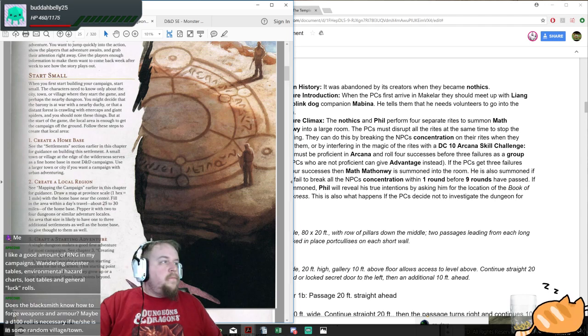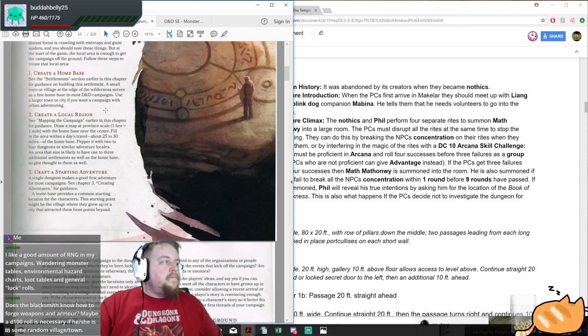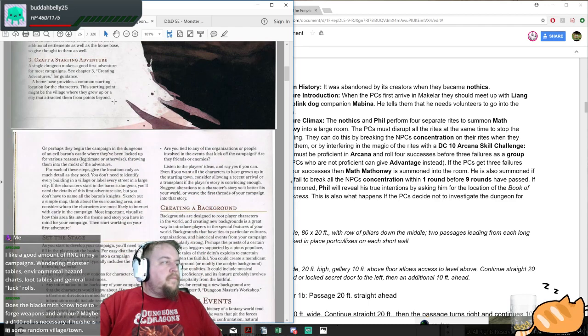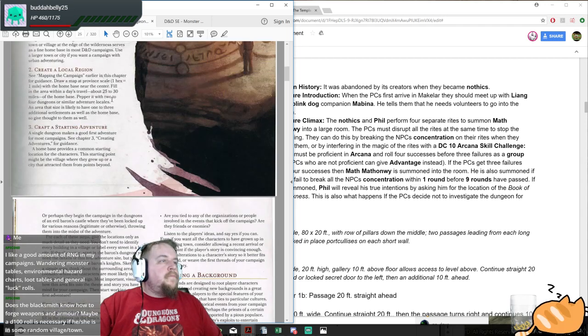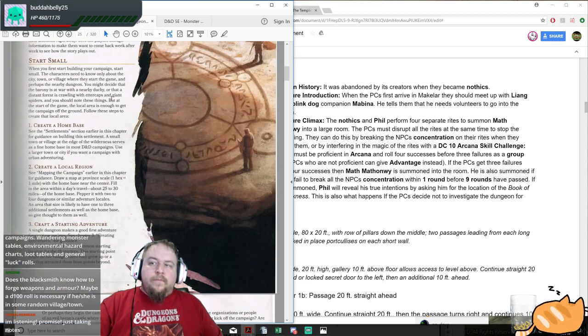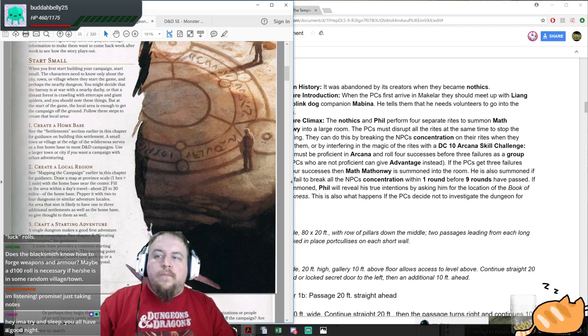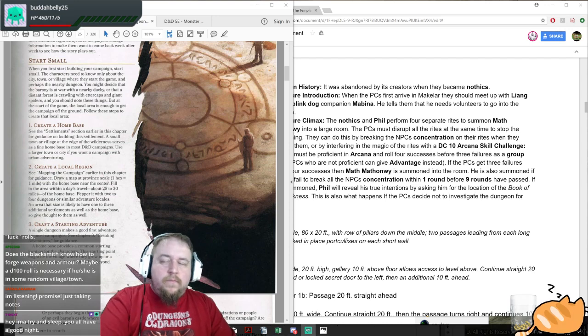So if you create a city as your home base, make the town the extra settlement. Or if you create a town like I did, make it the village, make it a step down, because the home base should be like the headquarters, and then you branch out. But all you have to do is create the home base, a dungeon or 2, and a village, and you can do those all randomly for the start.